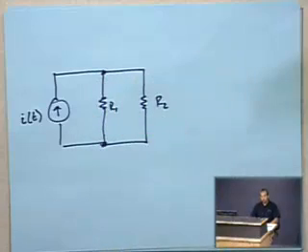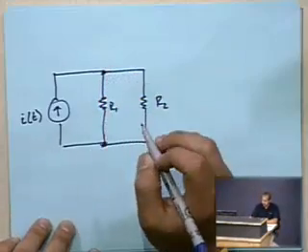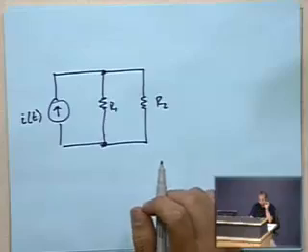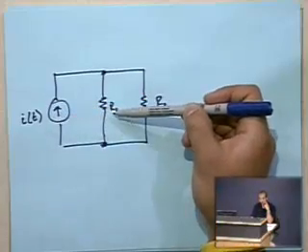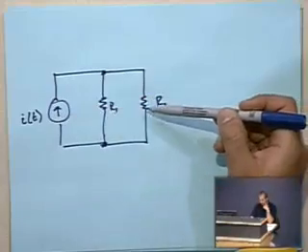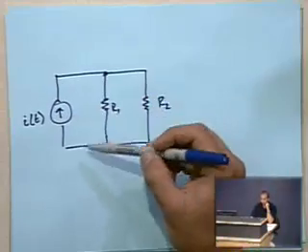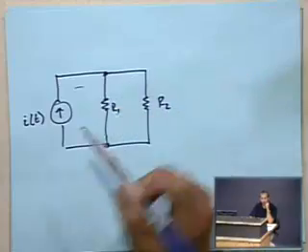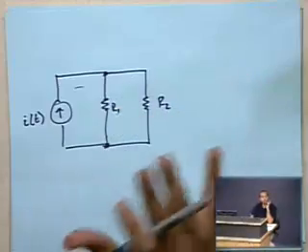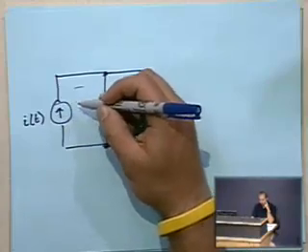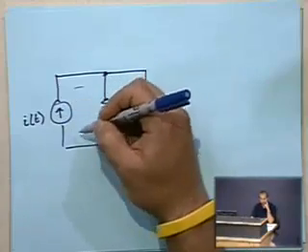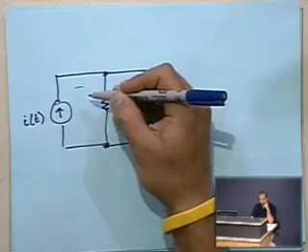There's 2 things that are worth noting. The first is that KVL says that the voltage across this has to be the voltage across this, and it's going to be the same as the voltage across this, because the voltage around any closed loop is supposed to equal 0, right? That's what KVL says. So whatever voltage is across the current source has to be across R1, because in that closed loop, that has to equal 0.